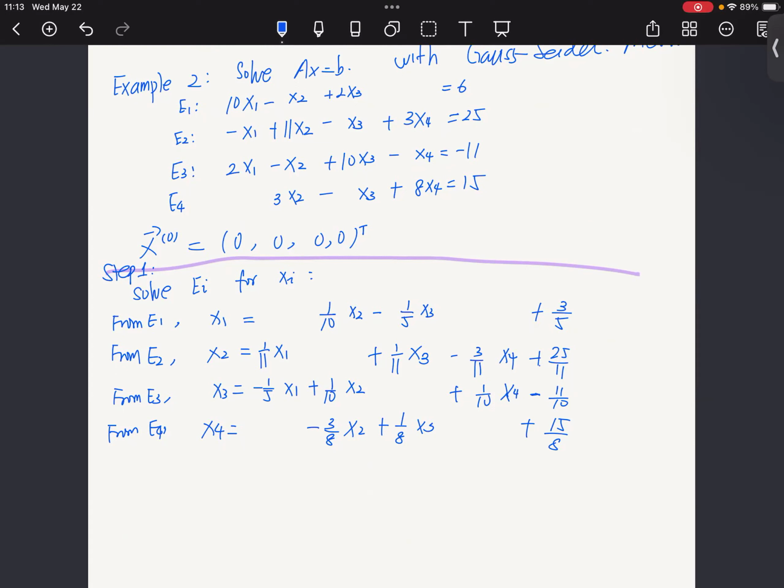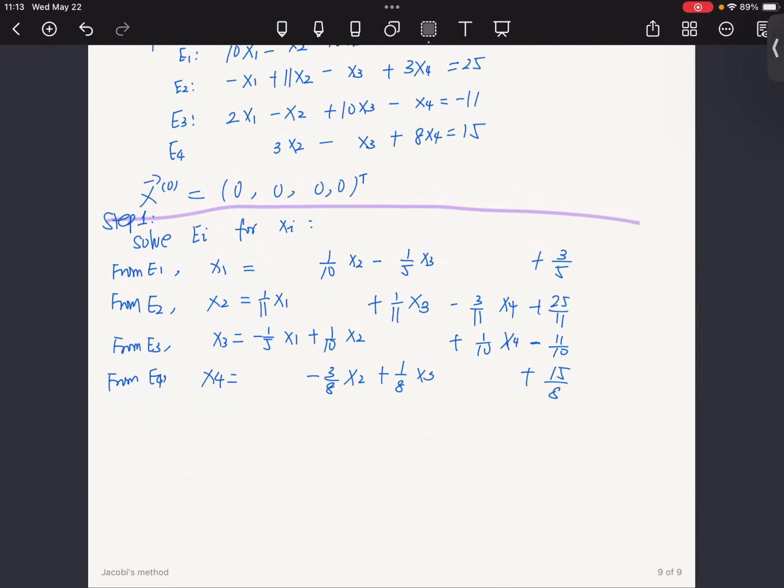So here we have the formula for this system of equations. Let me just copy them, this equation first, and then I will give the index for this number corresponding to the Gauss-Seidel method. On the left, they are just from k.